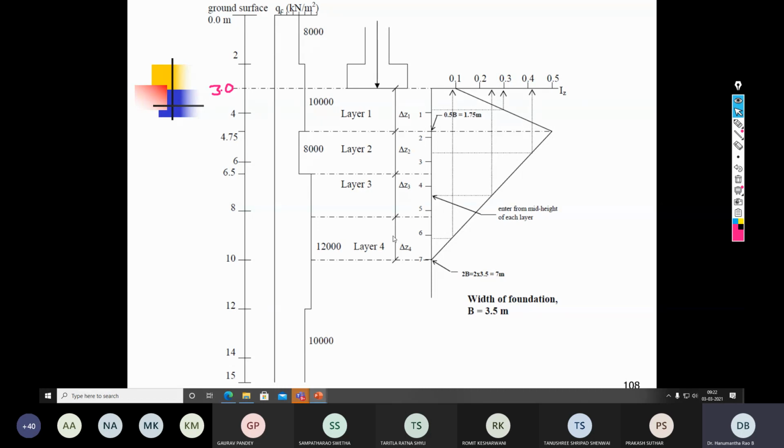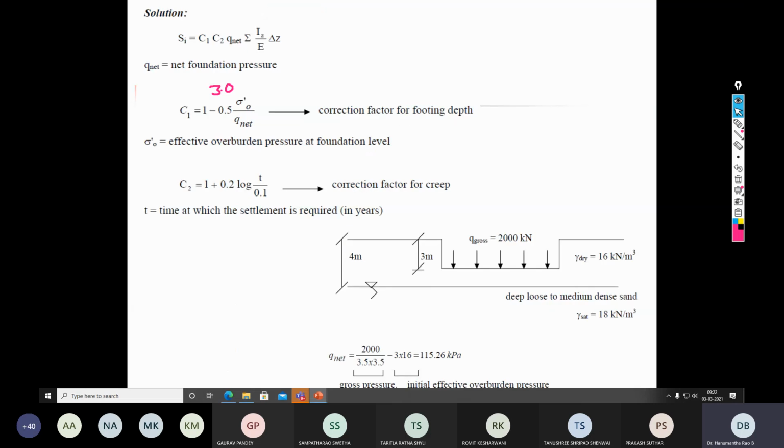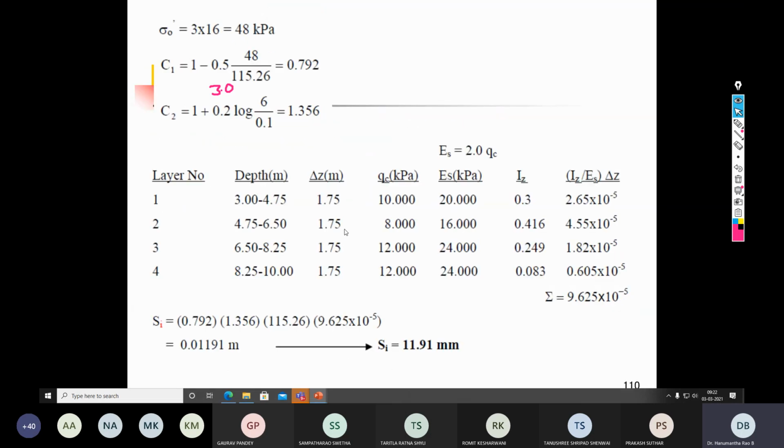So here he has divided it into 4 layers of equal thickness. It could be unequal also, so don't get confused again. Everything is allowed. So delta Z is nothing but the thickness of each layer.